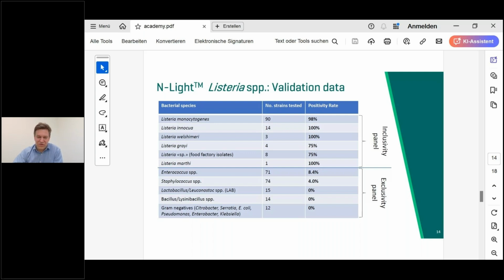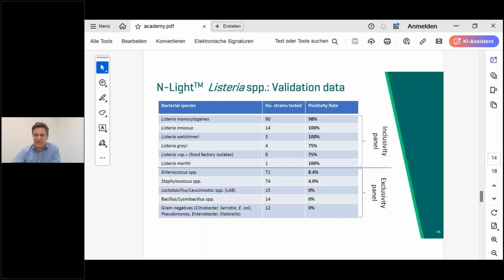Also Staphylococcus, which can also occur in food factories, only a small fraction positive, and also very important in the food environment, the lactic acid bacteria, none of them was positive. And also the Bacillus strains, Bacillus cereus and so on, none of them positive. Gram-positives, also we don't have an issue. None of the common gram-negative bacteria occurring in food factories was positive.